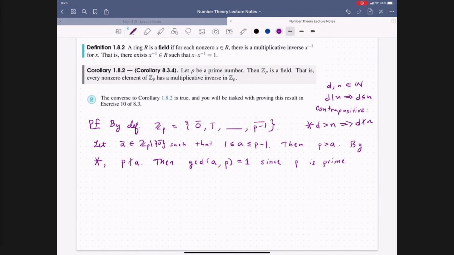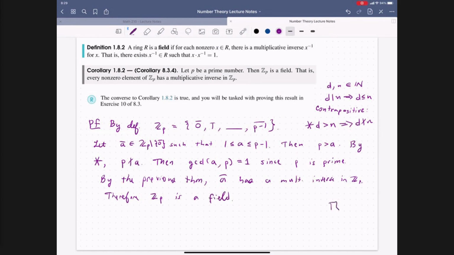So now by the previous theorem, a bar has a multiplicative inverse in Z_p, and therefore Z_p is a field, and we are done. So again, we started off by assuming that a was an arbitrary non-zero element in the integers modulo p.